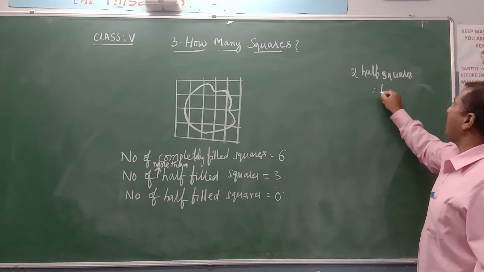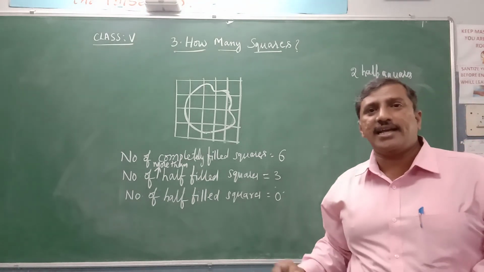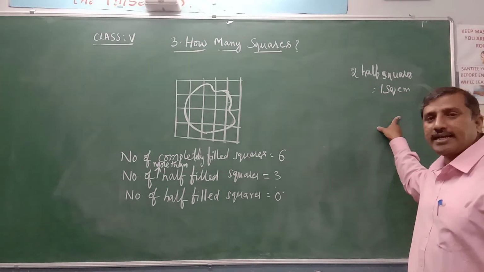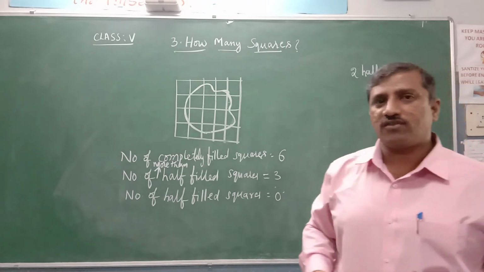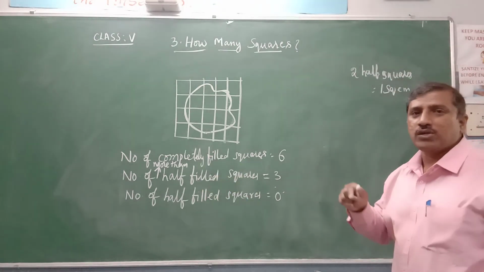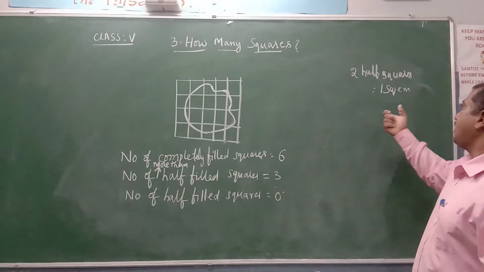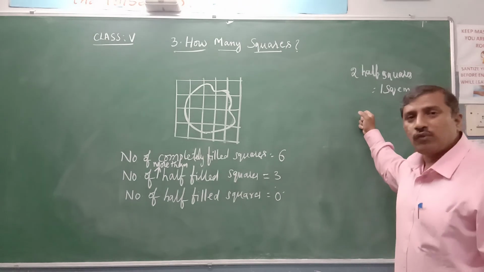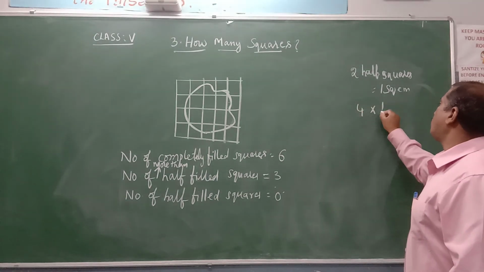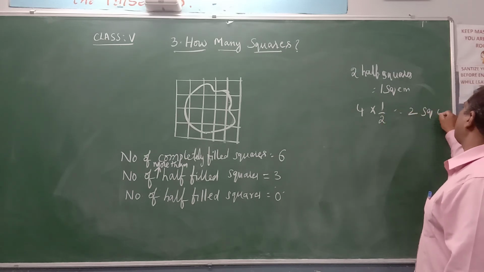Its area will be 1 square centimeter, because each half square is half a square centimeter. 2 half squares will be 1 square centimeter. If you find 3 half squares, 3 into 1 by 2, 3 halves, it is 1.5 square centimeters. If you find 4 half squares, 4 into 1 by 2, half of 4, it is 2 square centimeters.